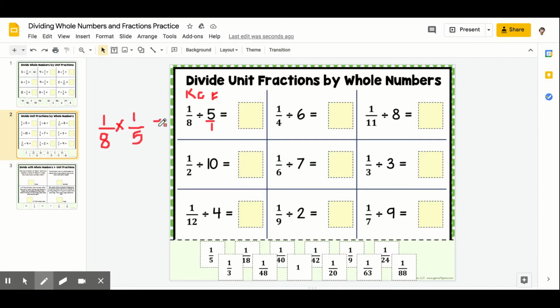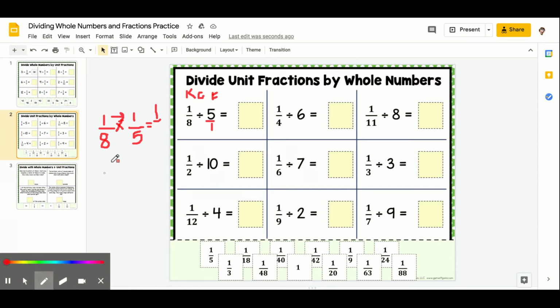And now I can solve. So we do 1 times 1 for our numerator, which is 1.